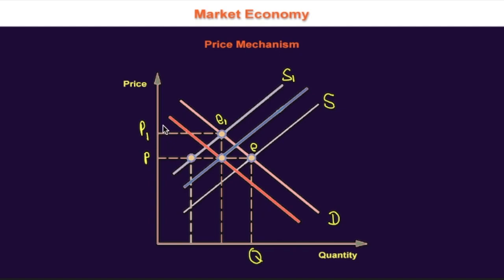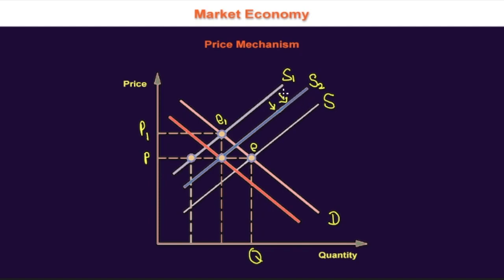So in the long run, the higher price of P1 sends out signals to the producers. And what happens is, it will give us more firms entering the market, or the existing firms coming up with new production methods. So because of the supply increase, the supply S1 will shift to the right and will become S2.